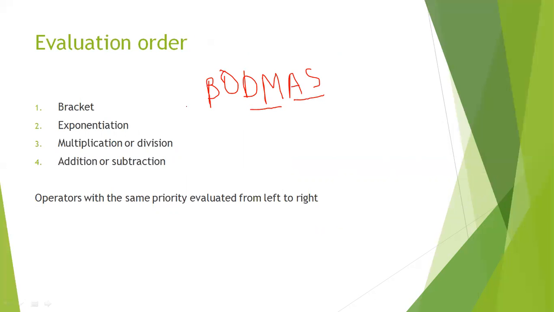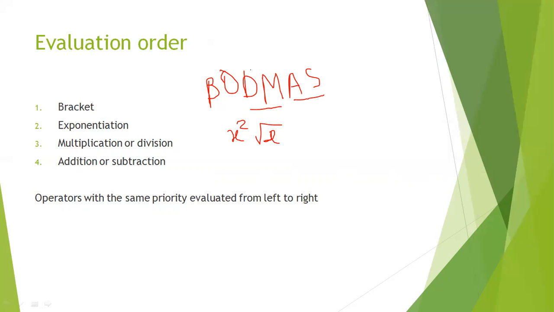So while evaluating, the order of evaluation of the operators should be like this only. If there is a bracket, the expression within the bracket should be executed first. After that, if you have any ordered expression like x square or square root of x, that should be executed.